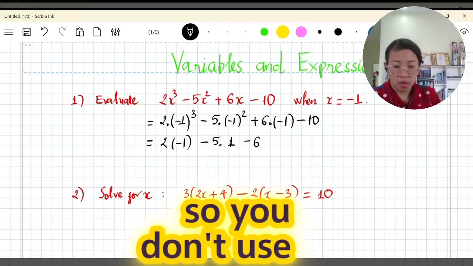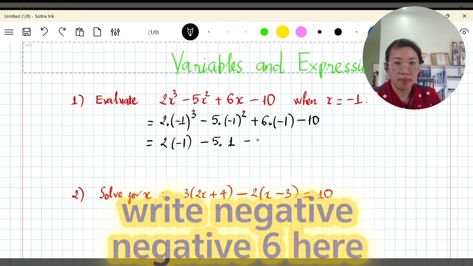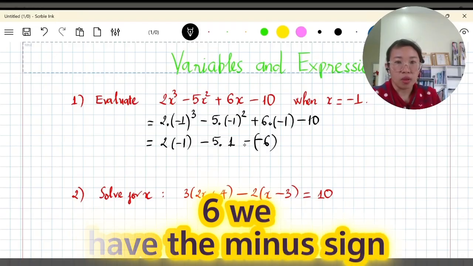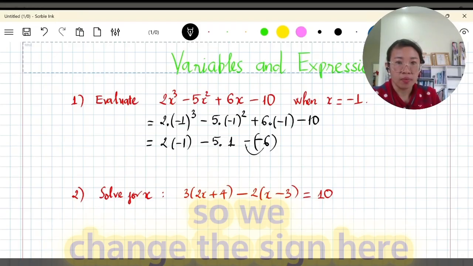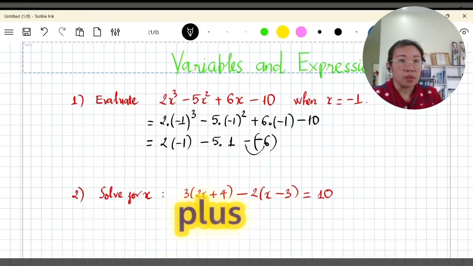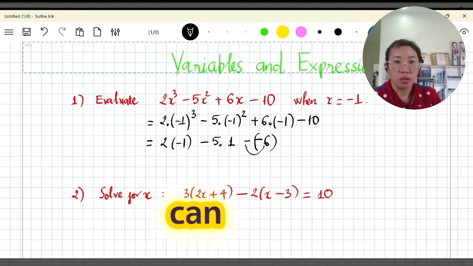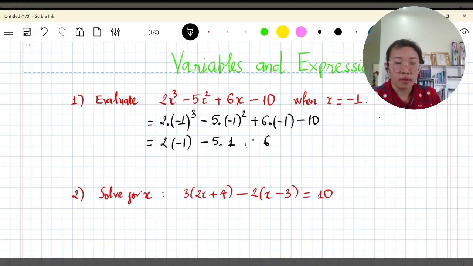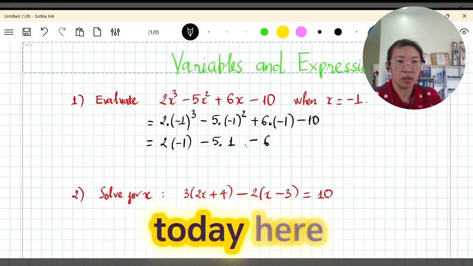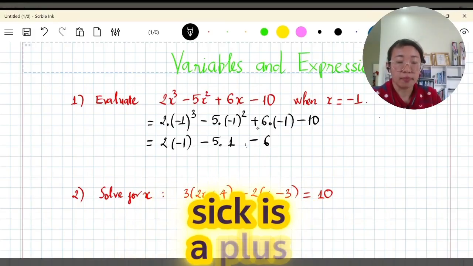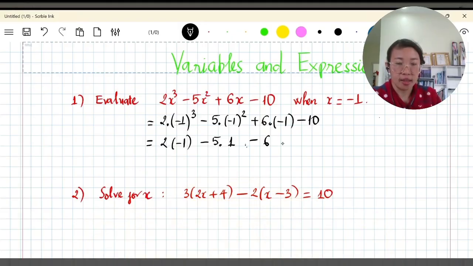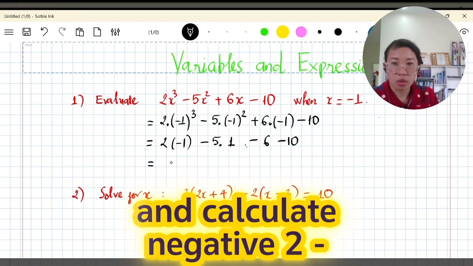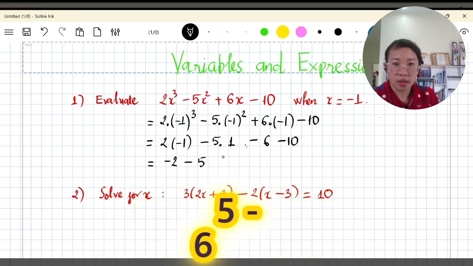Oh no, I made a mistake here, because in front of the 6 is plus, so we change the sign to negative 6 and write down minus 10 here, and calculate negative 2 minus 5 minus 6 minus 10.